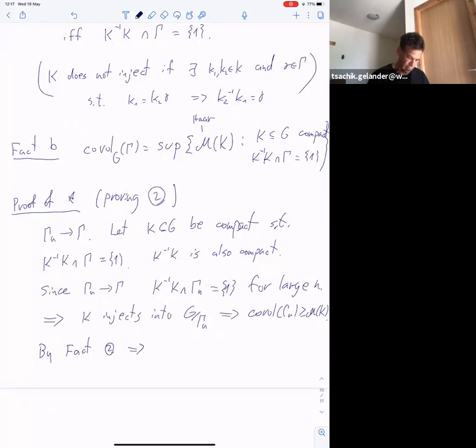We get that co-volume of gamma is smaller than the lim inf. Okay, that's the Chabauty-Mahler criterion.